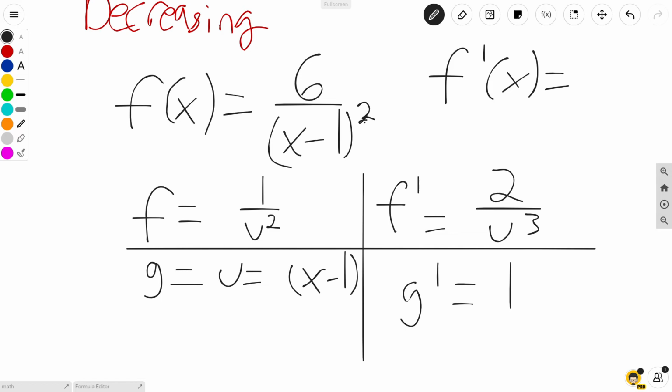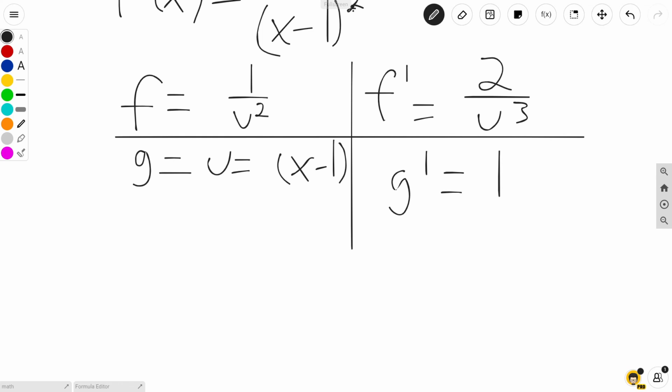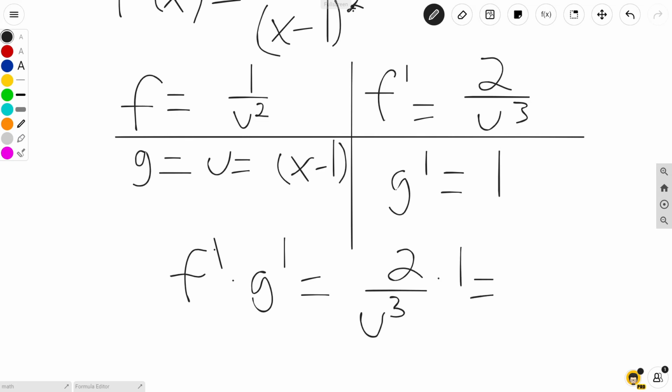And what's our u? Our u is x minus 1. So since this is a chain rule, it's f prime times g prime, which is equal to 2 over u to the third times 1, which is simply equal to 2 over x minus 1 cubed.